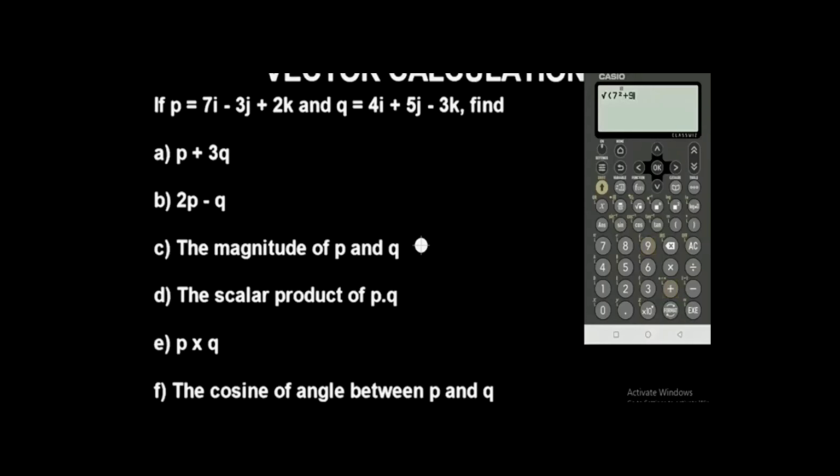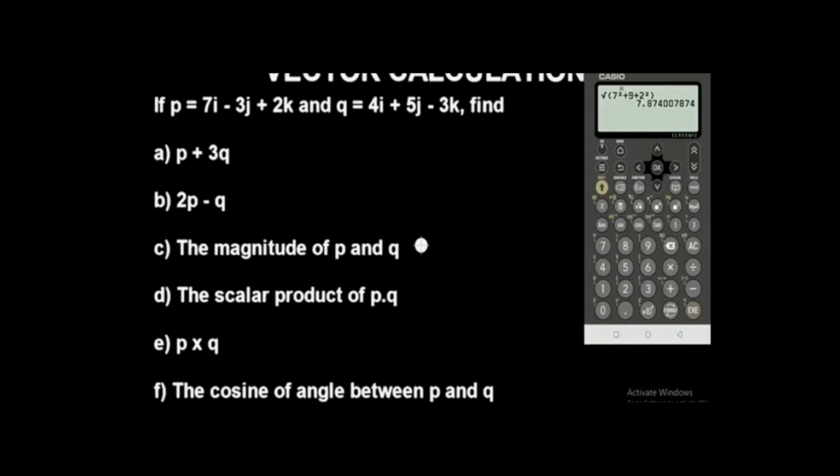Alright, then plus 2 square. So that's what we have here, guys. Close the brackets. So this is what we're going to have. Let's press equal to now to see the output of this.